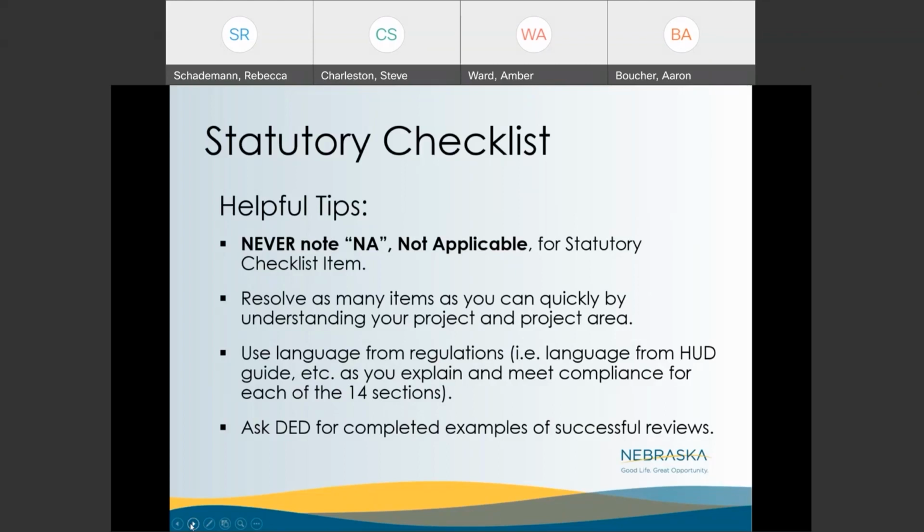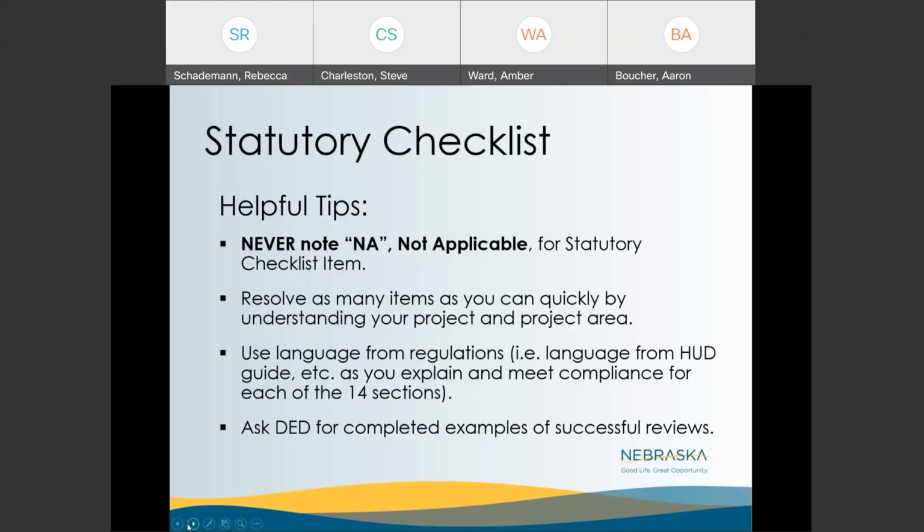You need to state mitigation permits. You need to state how you reviewed, if it was on site. And I would encourage you to resolve these issues. Use the language that'll help you meet the compliance.